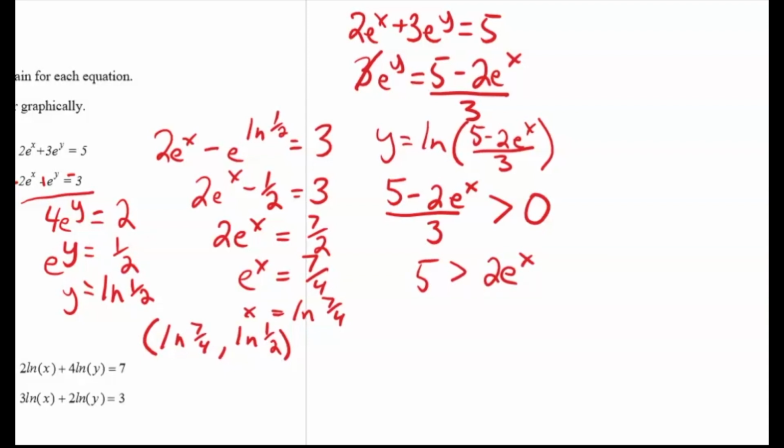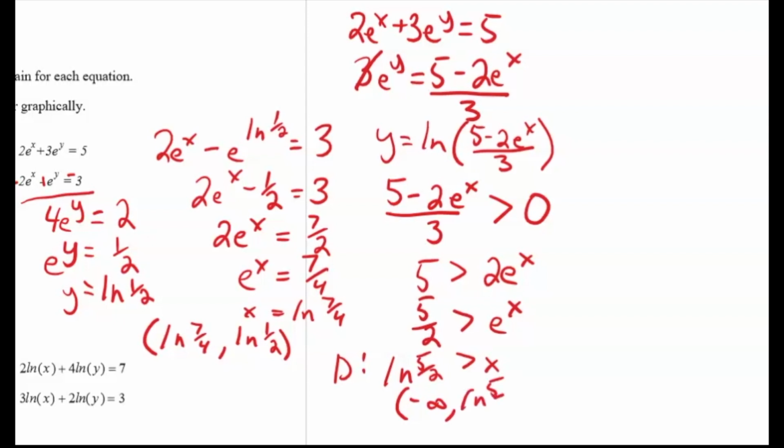And then solve. So divide by 2. And then we can ln both sides. So you could say this is your domain, that your x's have to be less than ln of 5/2, or if you want your students to write that in interval notation, it would be negative infinity to the ln of 5/2.